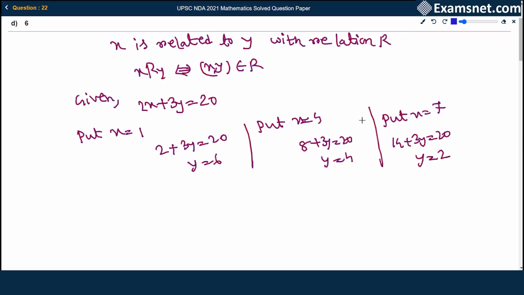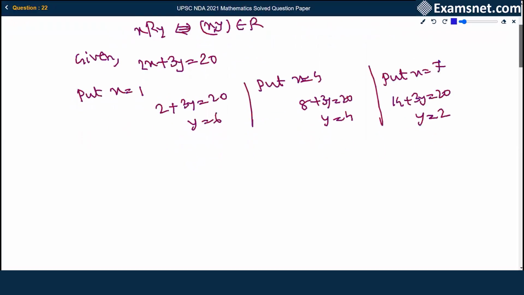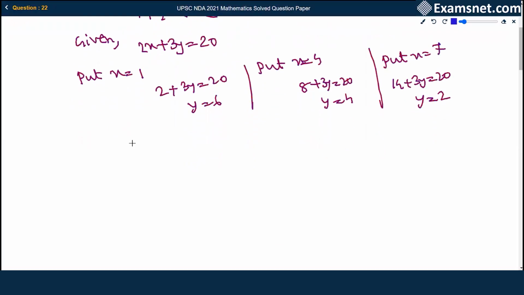But no other values other than 1, 4, 7 give us the value for y in natural number set. So from here we are getting the pairs x, y, that is 1 comma 6, 4 comma 4, and 7 comma 2.